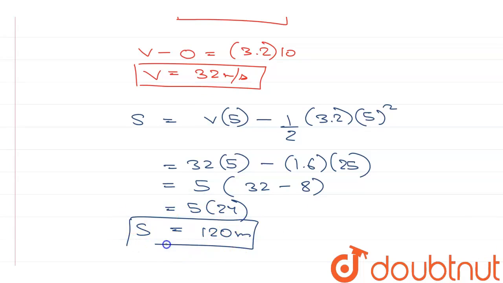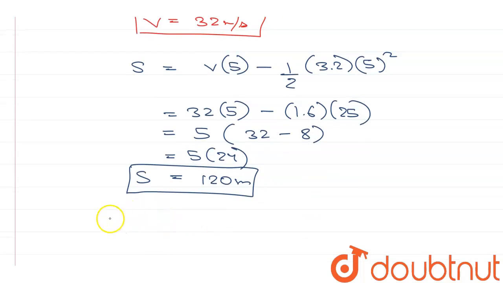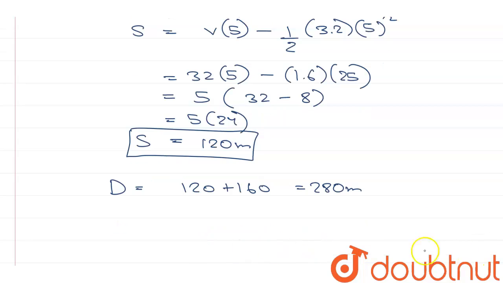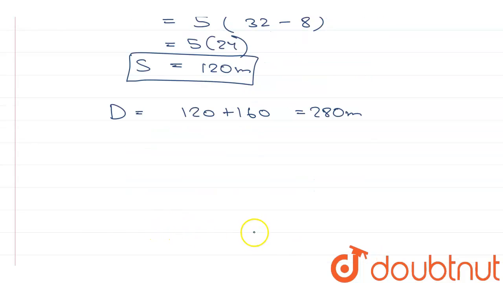So in the next 5 seconds, it has traveled 120 meters and it had already traveled 160 meters. So the total distance d that it has traveled is 120 plus 160 is equal to 280 meters. So after 15 seconds, if this is origin 0, 0, then particle A is at 280, 0.